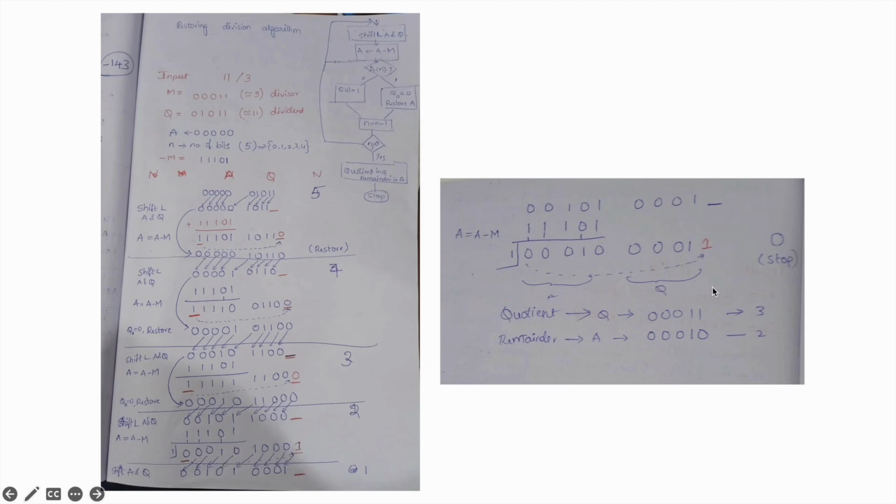We don't know what the Q naught value is. Now subtract M from A, so we are adding minus M to A. 1 1 1 0 1 is added, and we add bit by bit with carries. Because the nth bit of A is 0, we have to use Q naught as 1.